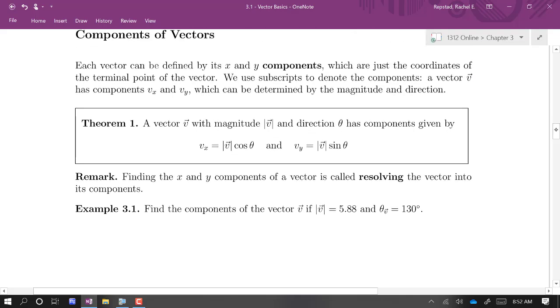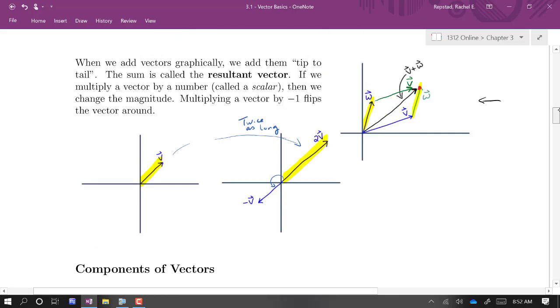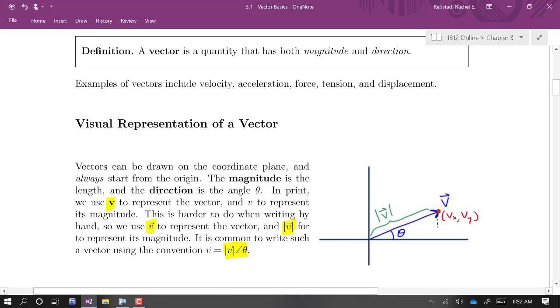And back from the first semester, you probably recall these formulas: I can find the x component by taking the magnitude times cosine of theta, and the y component by taking the magnitude times sine of theta. These are both a result of using SOHCAHTOA, right triangle trigonometry, when you draw a vector and drop down the perpendicular. So this length here is Vx. This length here is Vy.